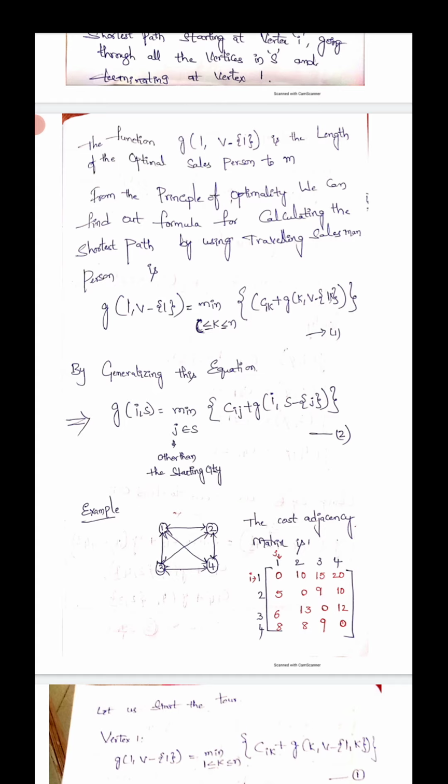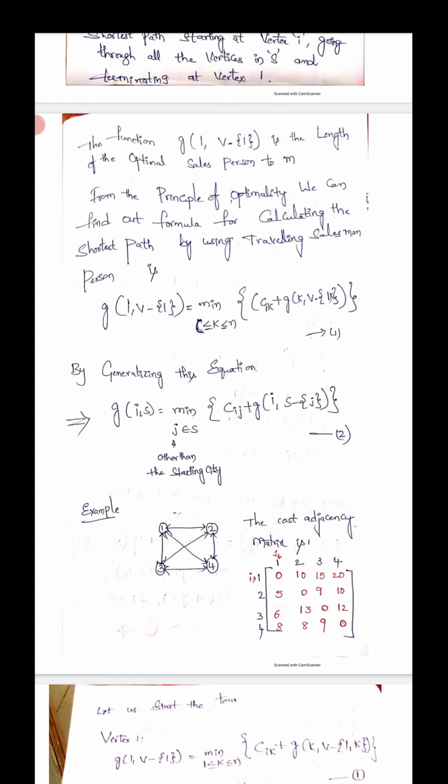Given the current state, the optimal decisions for the remaining states do not depend on the previous states or the sequence of decisions.